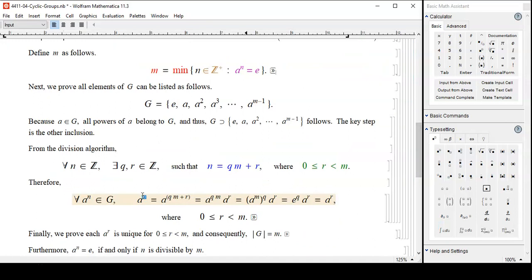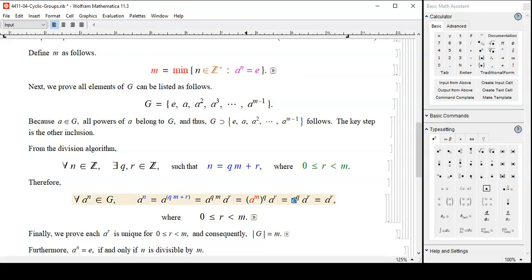So a to the nth power is a to the qm plus r power, as we saw before, and then consequently a to the qm power times a to the r power by the exponent rule, and then a to the m power to the q power times a to the r power. And a to the m power, what is it? Well, m is the minimum of this set, so it's a member of this set, so it must satisfy this condition.